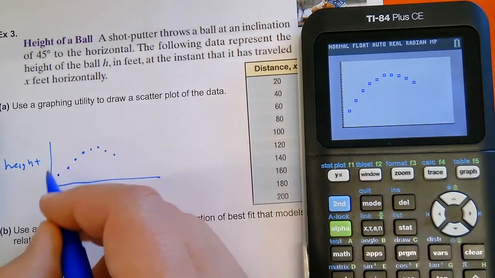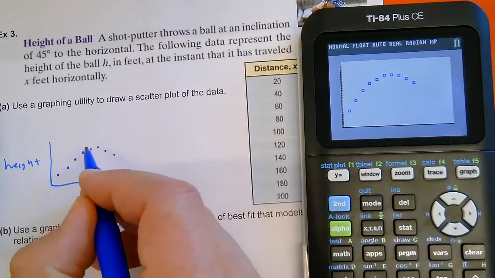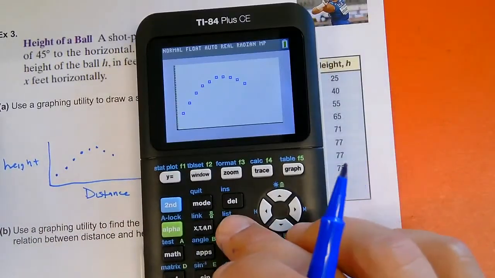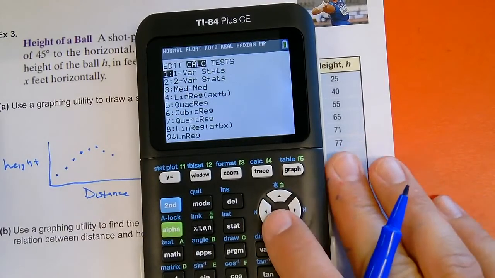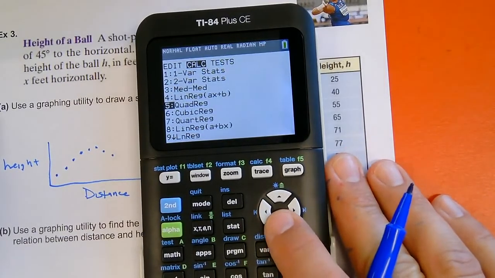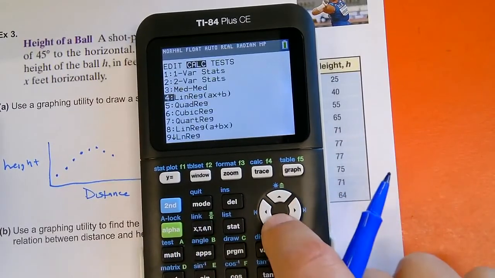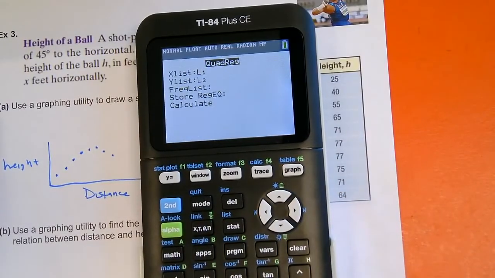This no longer looks like a line. This looks like a quadratic. It goes up and then comes back down. So we're going to do the exact same thing. We go to stat, then calc, and now instead of number 4, we want number 5. So again, stat, calc, number 5, quadratic regression.